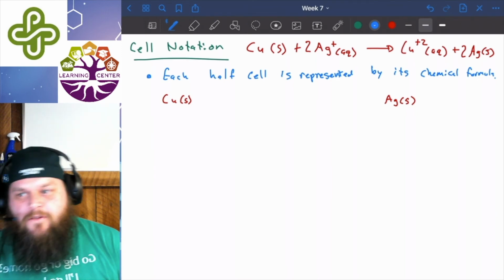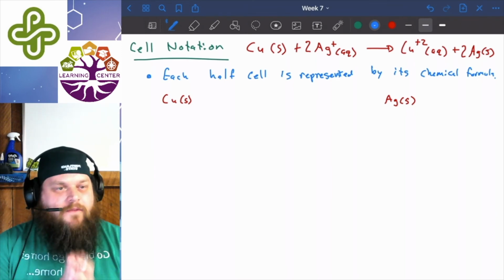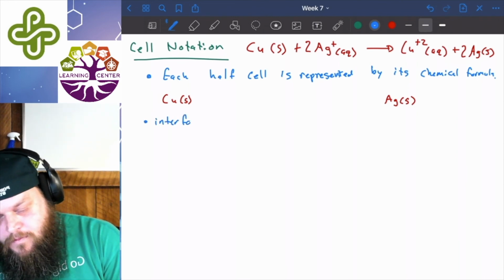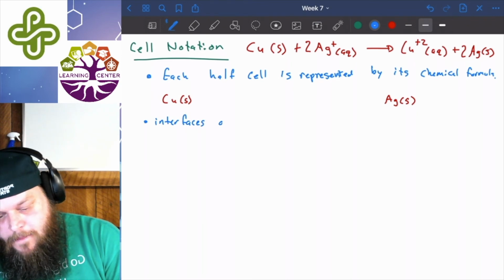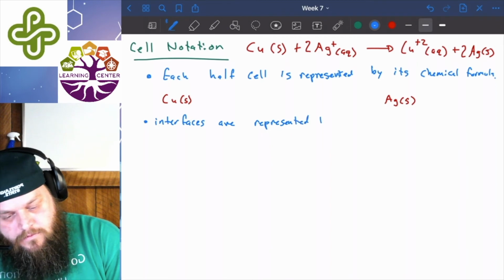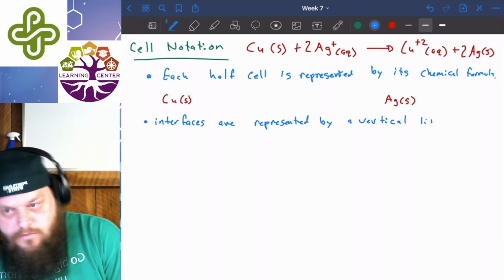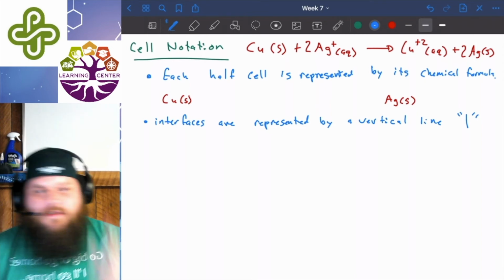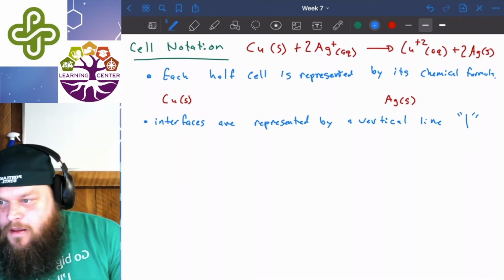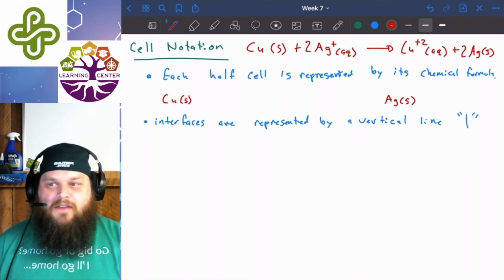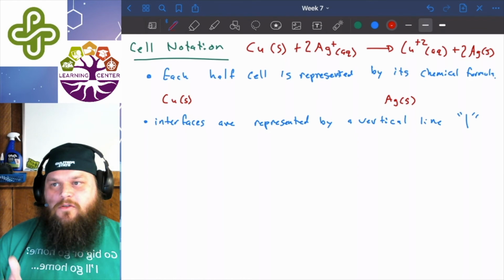And then we talk about the interfaces, which are represented by a vertical line. Which basically just look like that. Just a big long line. And we can write those out. And the interface tells what happens with the copper. The copper in this case goes into that solution with that copper nitrate.